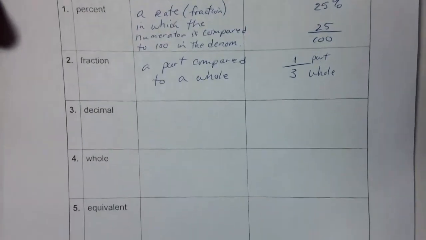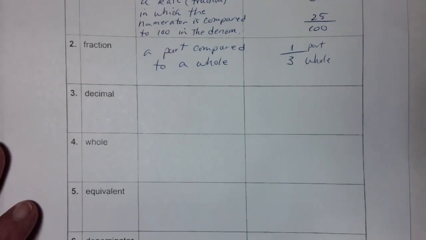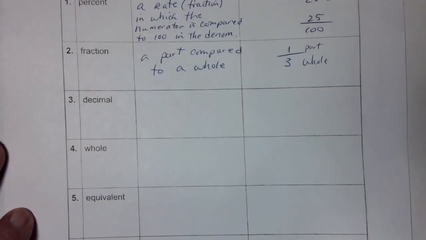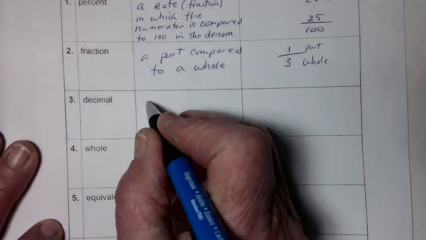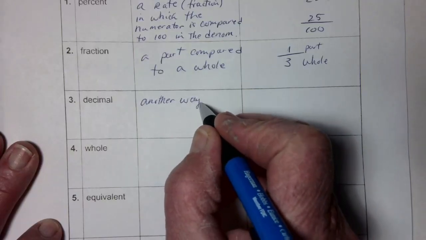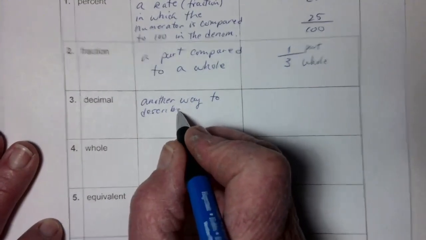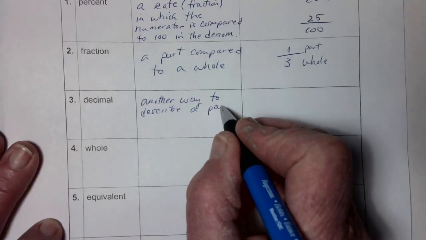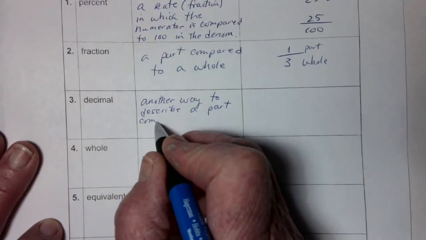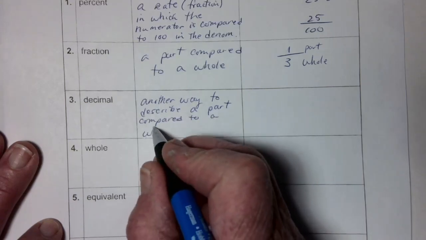All right, number 3, decimal. Another way to describe a part compared to a whole.